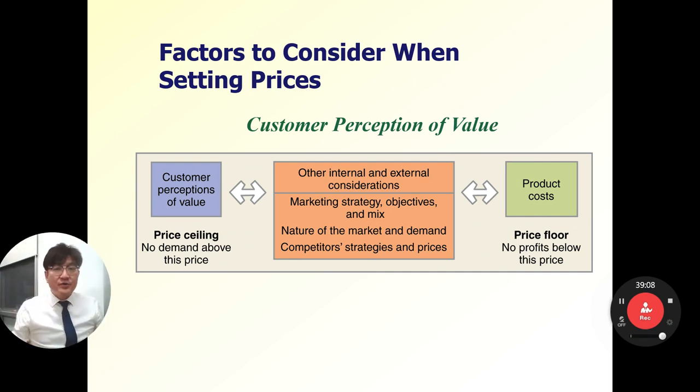I'm telling you, the more recommendable pricing is value pricing. However, we're going to talk about value pricing maybe next class. In this class, we're going to start from cost plus pricing, moving from the cost to the final price. Are you ready?